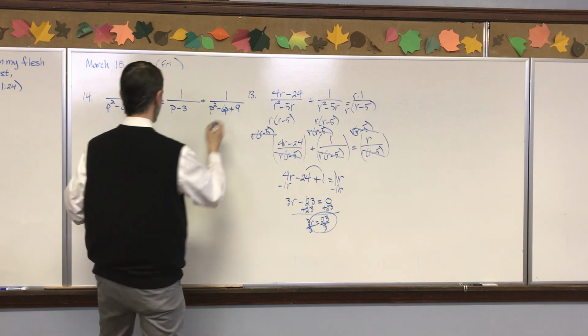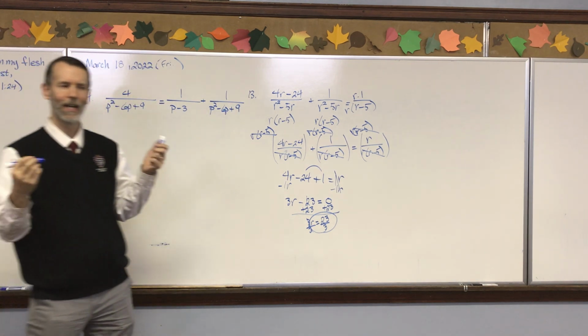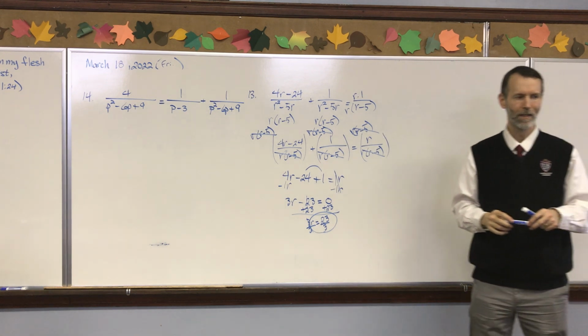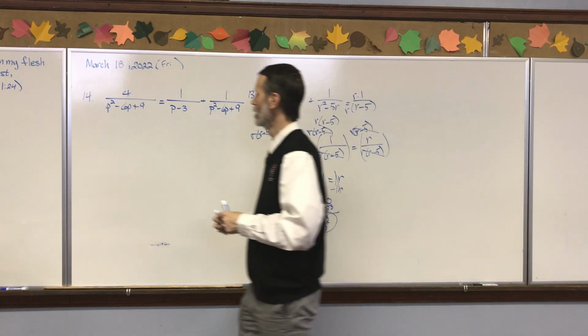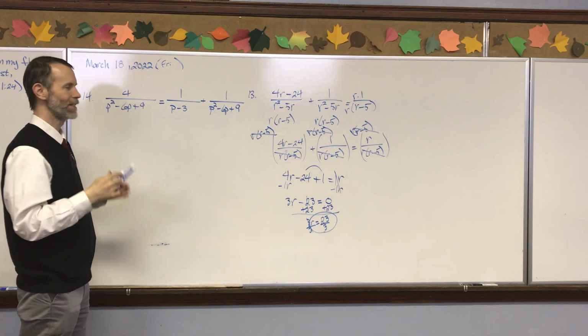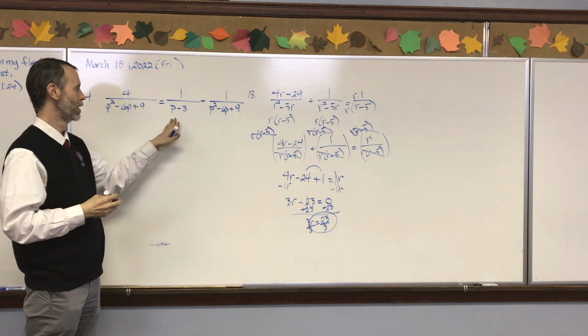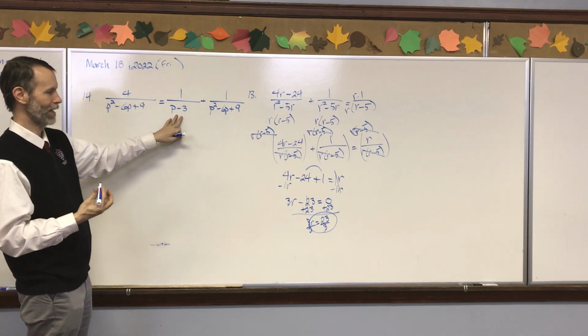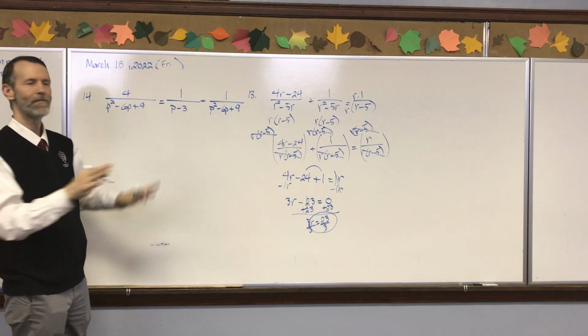Okay. Do we have a common denominator? Yeah, these two do. Do we have one for everything? No. Which one needs a boost? The middle one. I want to know how much I need to boost it by in order to make this common denominator. First step, factor this.